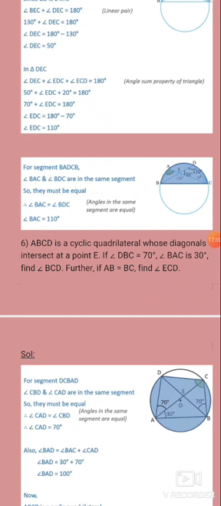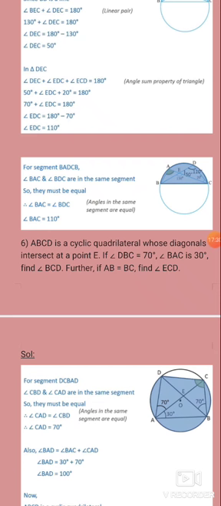Listen, CBD and CAD are the angles in the same segment. So they are equal. Therefore, angle CAD is equal to angle CBD. Angles in the same segment are equal.